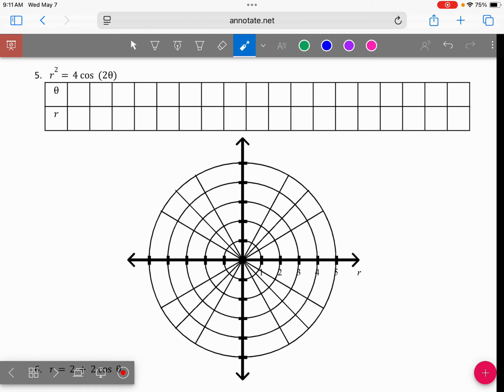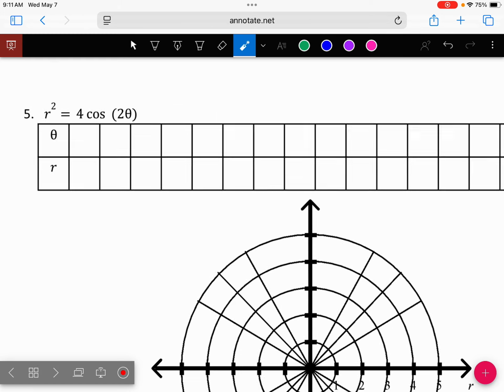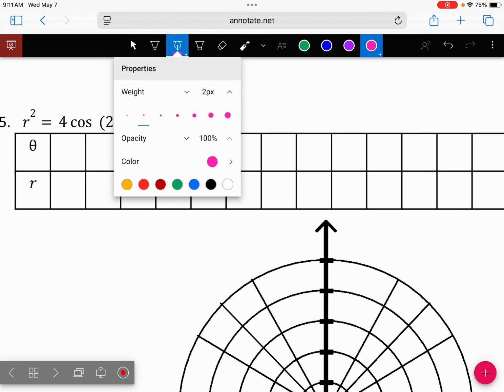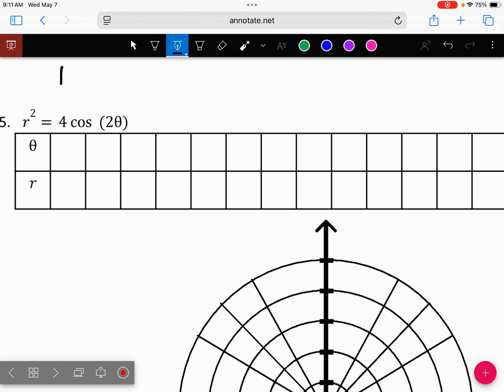And we want to know, first things first, what shape is this? Our lemniscate. And they have a period length of pi.